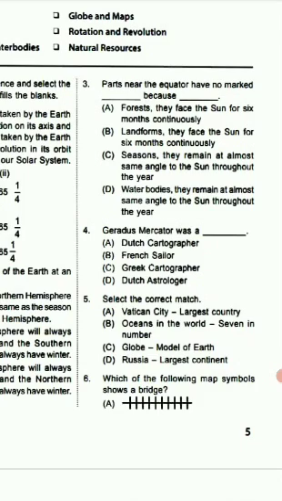Number 5. Select the correct match. Vatican City, largest country. Ocean in the world, 7 in number. Globe, model of the earth. Russia, largest continent.